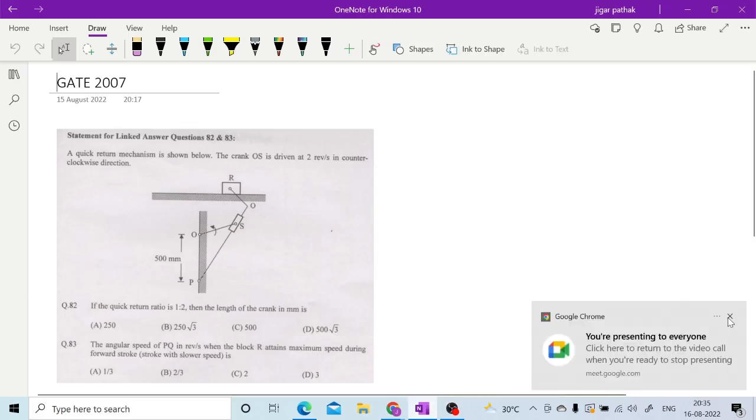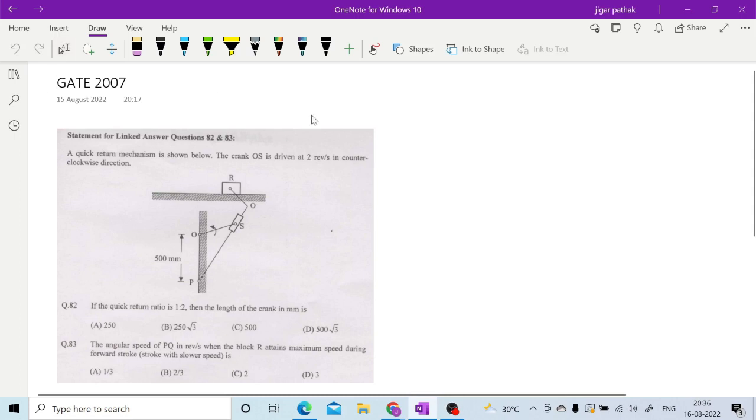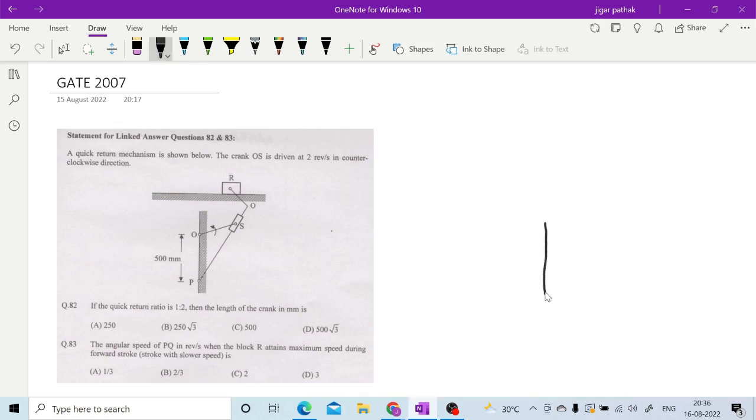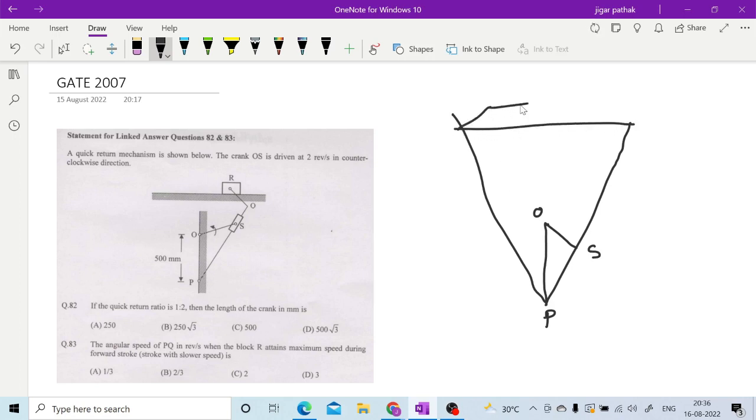Okay. So let us try and see what actually it is here. This is the connecting rod given as OP, right, and these may be the extreme positions, right? This may be the crank OS, right? Now what is given is alpha by beta.